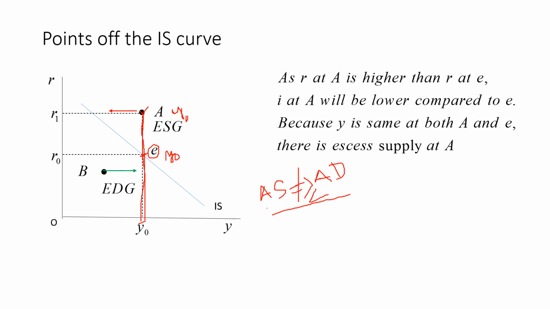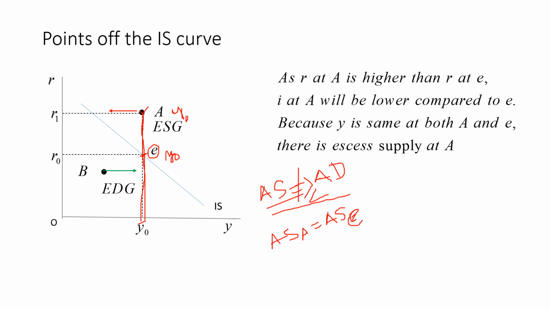So aggregate supply at A, because y is aggregate supply, is exactly equal to aggregate supply at E. And remember, E is an equilibrium point, but A is not.